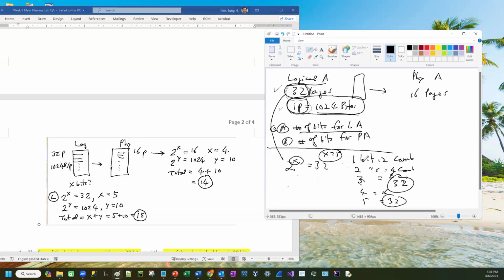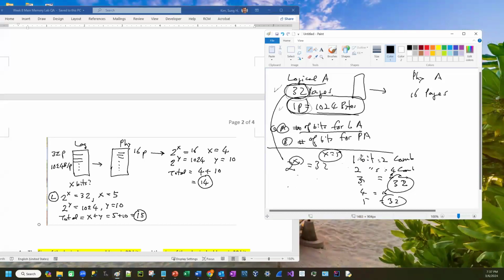Okay. Now, if you don't want to do it this way, we need some more mathematical way to figure this out. For example, for this one, how many bits do I need to represent all 1024? With the same idea, the formula is 2 to the y is whatever you want to represent, 1024. To solve this equation, you can take the log of both sides.